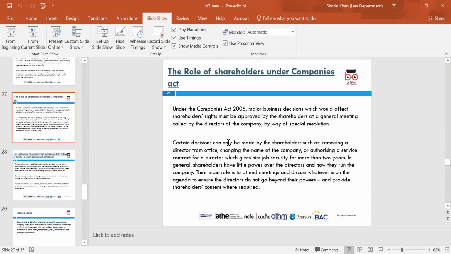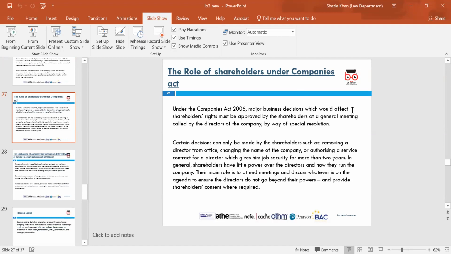The role of shareholders under the Companies Act. Under the Companies Act 2006, major business decisions which would affect shareholders must be approved by the shareholders at a general meeting called by the directors of the company by way of a special resolution.